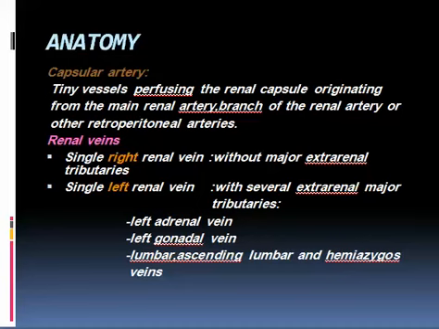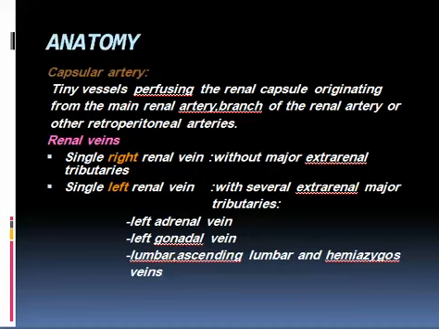The renal veins are a single right renal vein without major extrarenal tributaries, and a single left renal vein with several extrarenal major tributaries, including the left adrenal vein, left gonadal vein, lumbar, ascending lumbar, and hemiazygous veins. This could be drained by the left renal vein. So we have capsular vessels, capsular arteries.